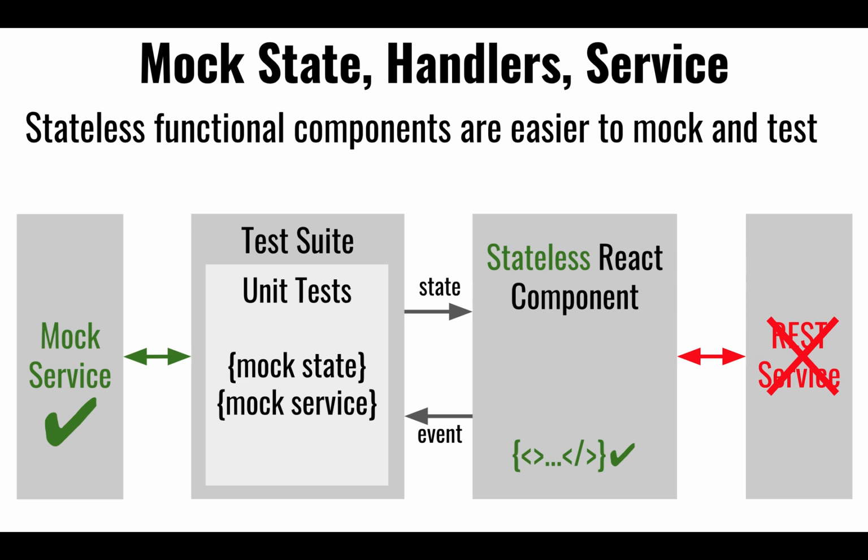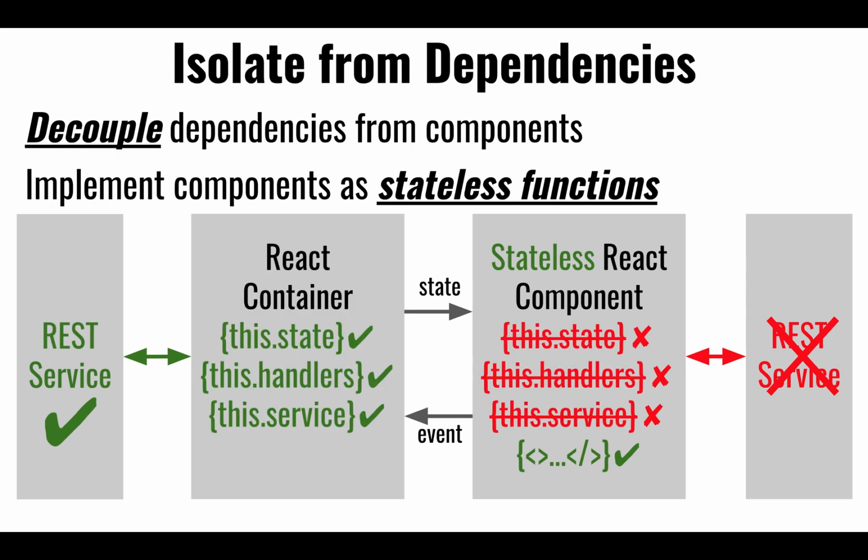So this is going to allow us to create unit tests that can replace the services. Notice here that another thing is that this React container is only going to have the responsibility of managing the state, of representing the state, of transitioning the state from one state to another based on certain events.